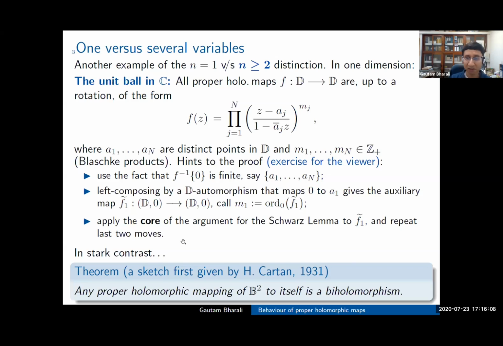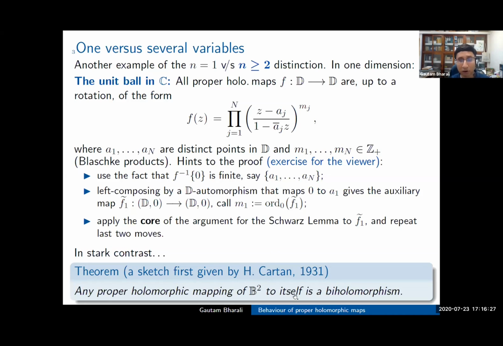However, this is in stark contrast with a result by Henri Cartan. So there are actually two Cartans in this talk. There is Henri Cartan, whose name is familiar to you, and then there is the elder Cartan, Élie Cartan, whom I will also be talking about later in this talk.